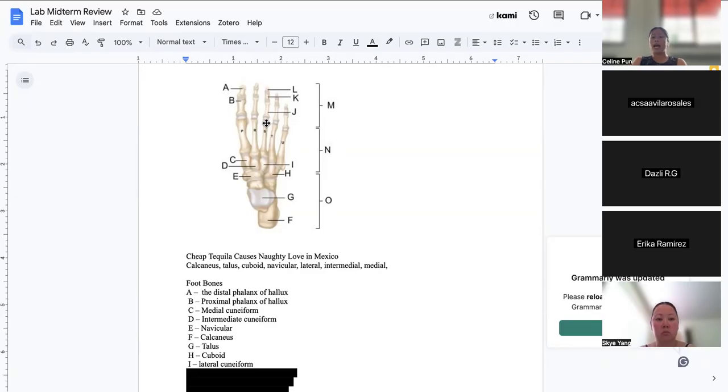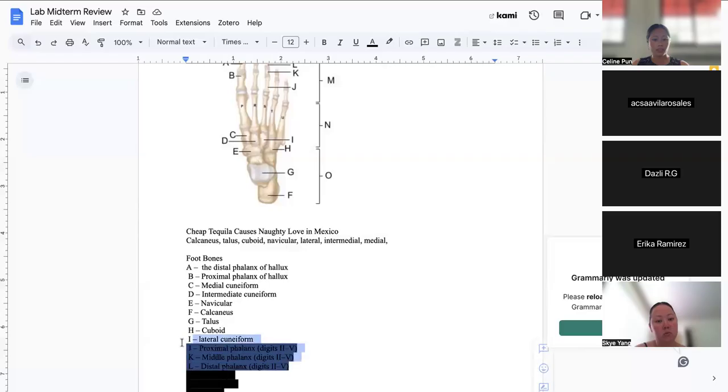You'd first think about how is it relative to you in space. So L would be distal, K would be intermediate, and J would be proximal for those bones. And then you would say phalanx, and then the number of where it is relative to the whole foot.